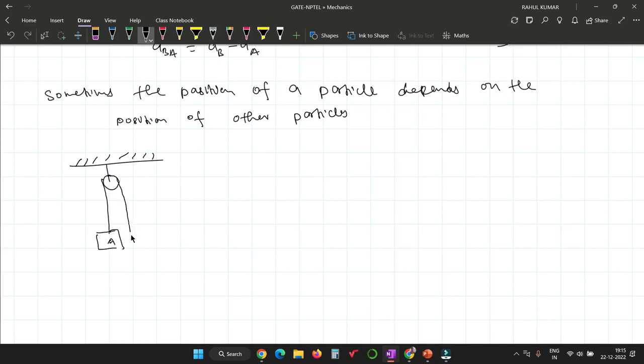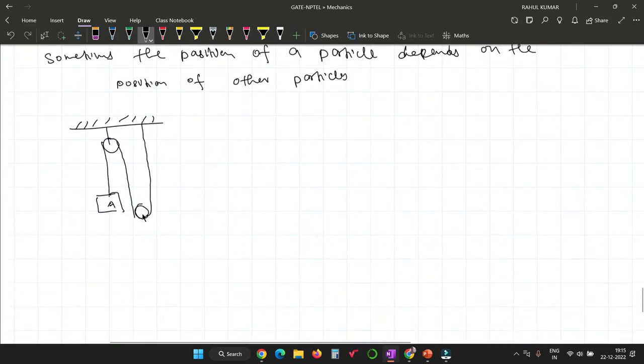And there is another pulley, and here the mass is B. My writing is very bad, I'll draw this again.